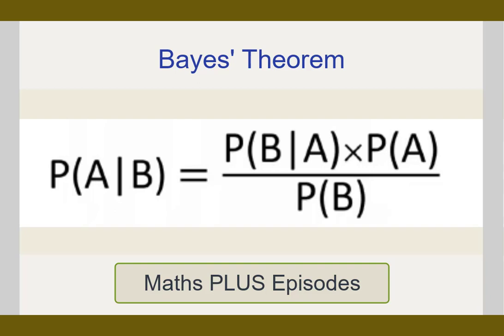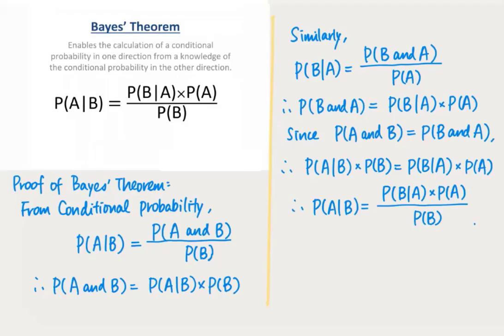Welcome! In this video, we would like to demonstrate the use of this Bayes theorem to calculate some conditional probabilities. The Bayes theorem is very useful in the sense that sometimes it is more natural or easier to know the information that event A happened and we wish to know how likely that event B occurs.